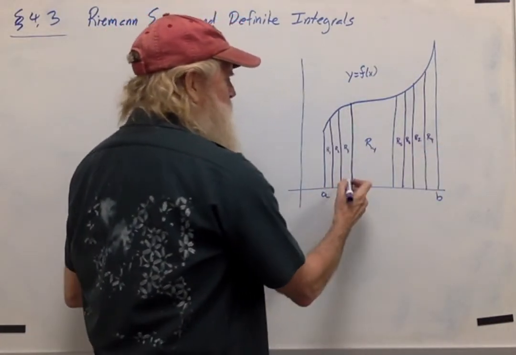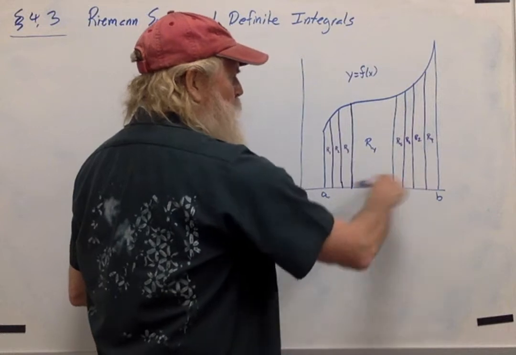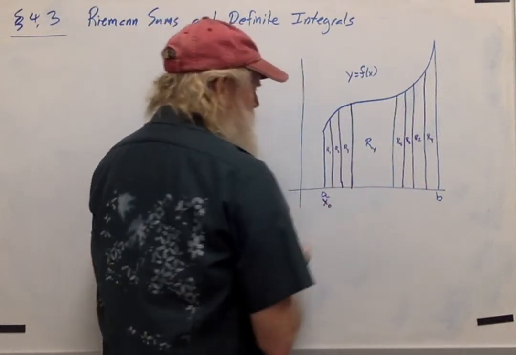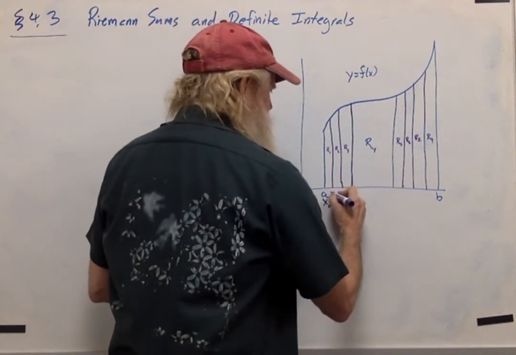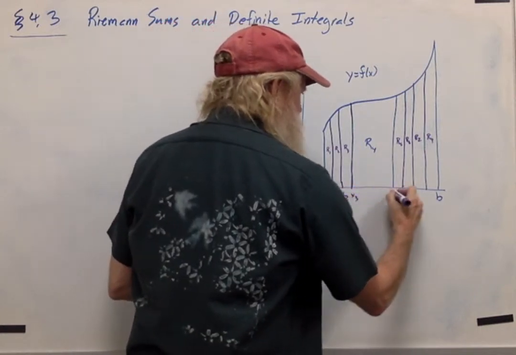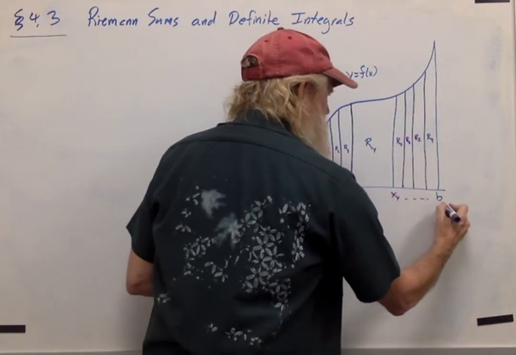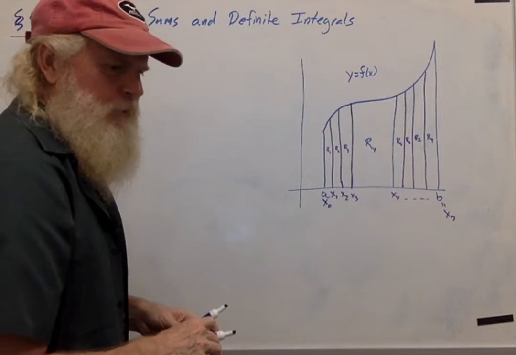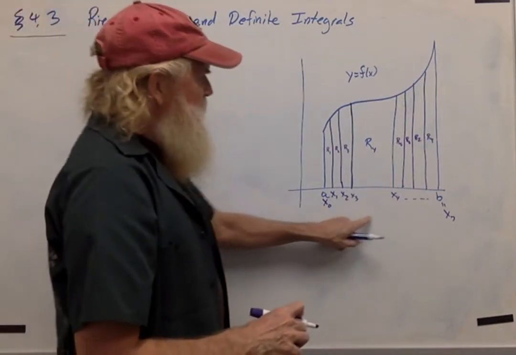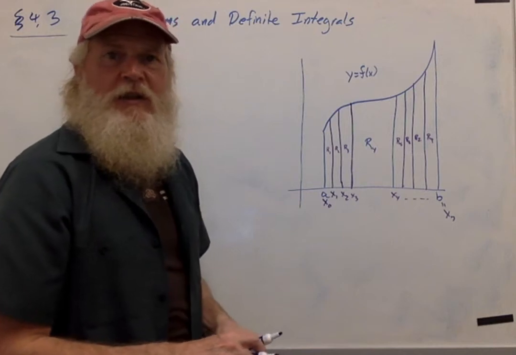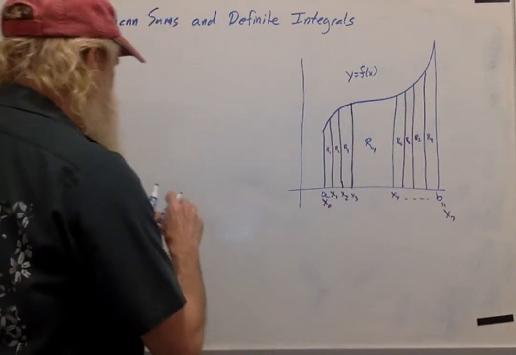So first of all, let's see how we could indicate what the endpoints of these are. I can let x naught be my left endpoint, and then number the endpoints from there, x1, x2, x3, x4, and so on, where b is going to be my last endpoint. This list of numbers, x naught to xn, is called a partition of the interval from a to b.